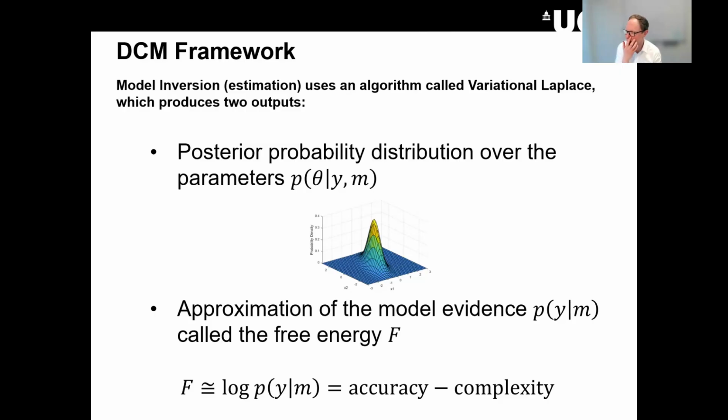Complexity here, just to be clear, means how complicated the model is, and practically that means the effective number of parameters in the model. It's a little bit more complicated than that, but that's a simplification. So what we really want when we're modeling is to find the model that offers the best trade-off between being really accurate and not being very complicated. In other words, being really simple. And that trade-off is described by the free energy. And that's why we use it in DCM.